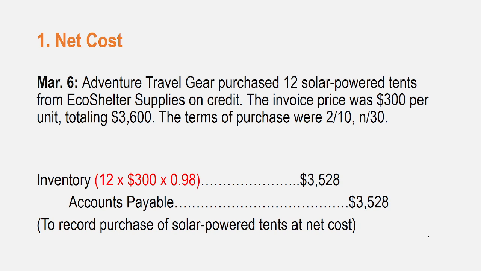Okay, let's start with the net cost method for the transaction that took place on March 6. In this transaction, as you can see, Adventure Travel Gear bought 12 solar power tents from Eco Shelter Supplies on credit. We should be sensitive about the terms of credit and on-account purchases.